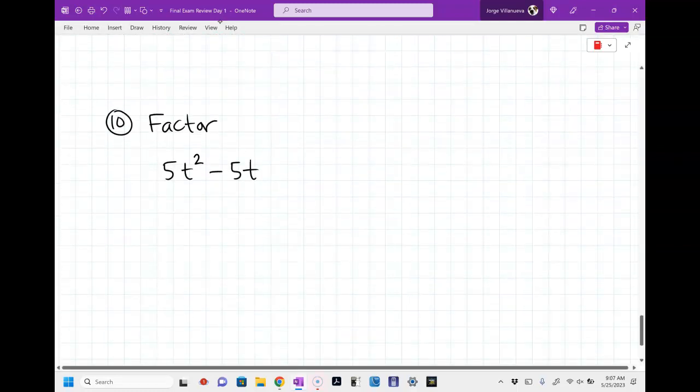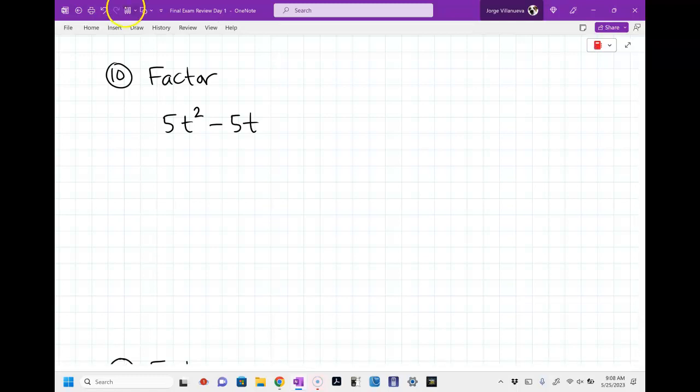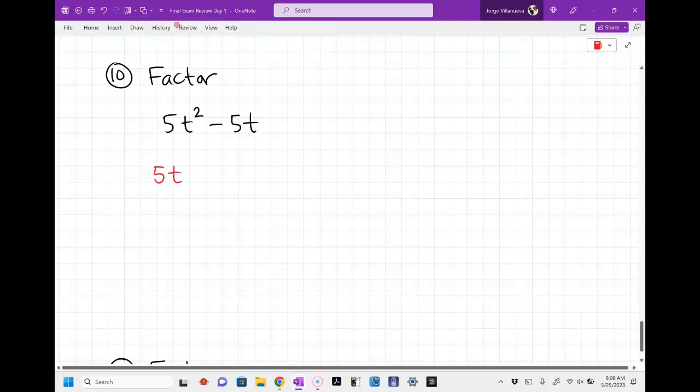All right. Factor this. Notice not solving, just factor. So what do they have in common in this case? A t, and what else? A 5. So let's take out a 5t.